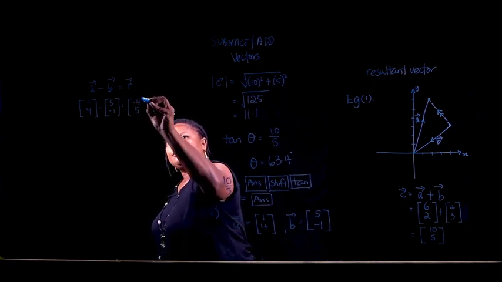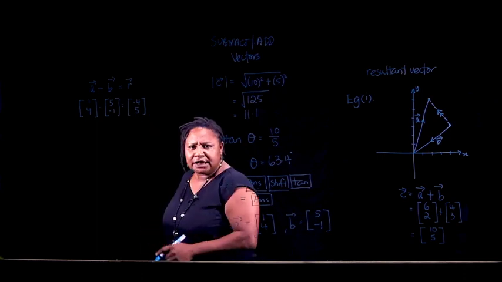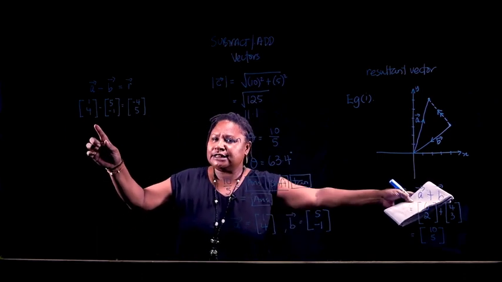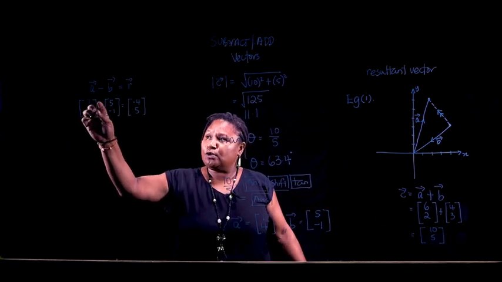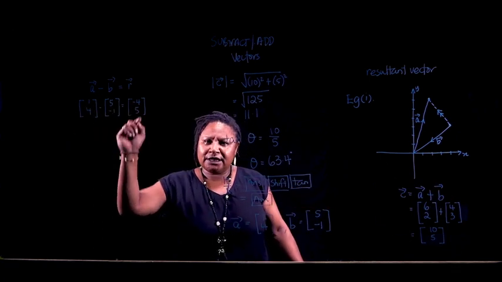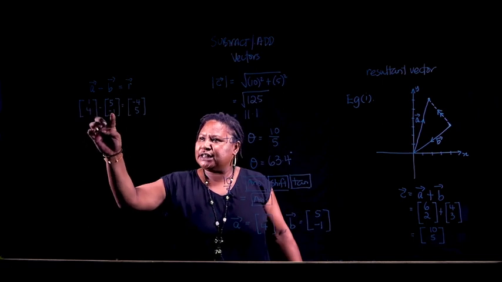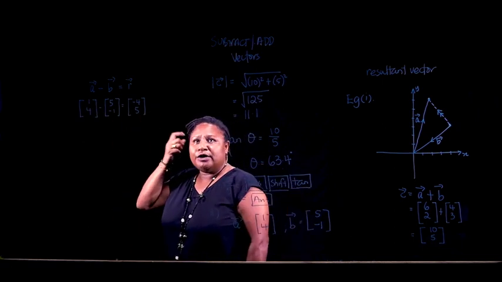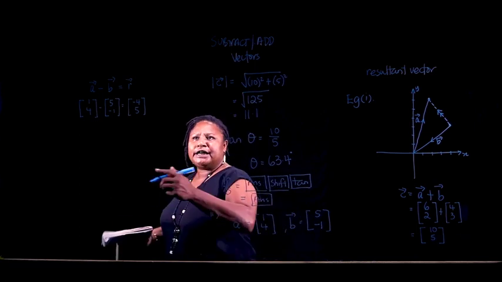So that's our resultant vector. Same idea here: instead of adding, we are subtracting. So 1 minus 5 is negative 4, and 4 minus negative 1 will give us positive 5. Now if this was on a Cartesian plane, let's see how this would look.